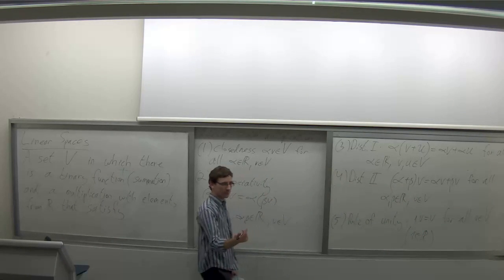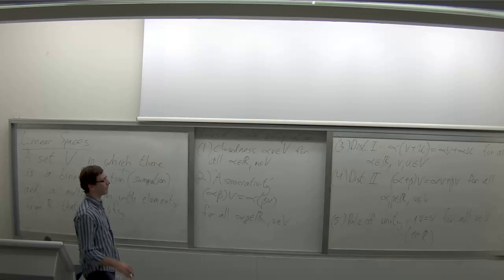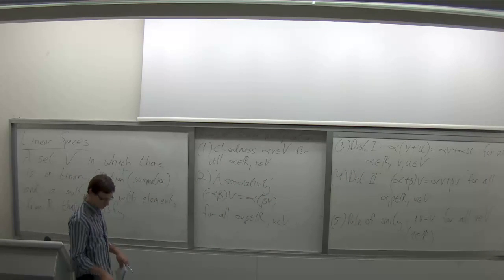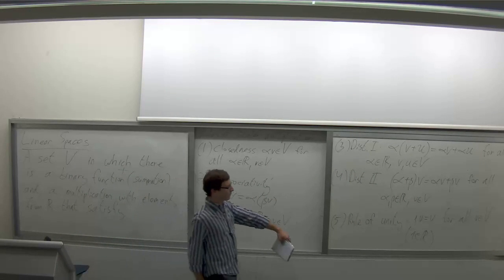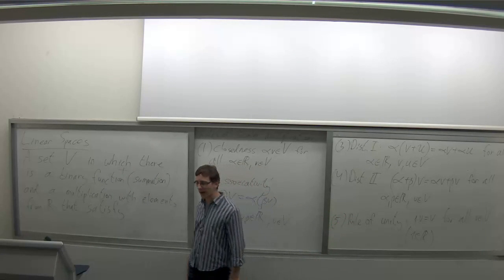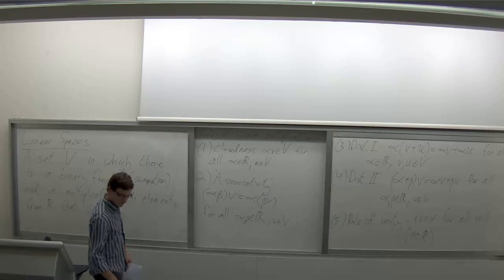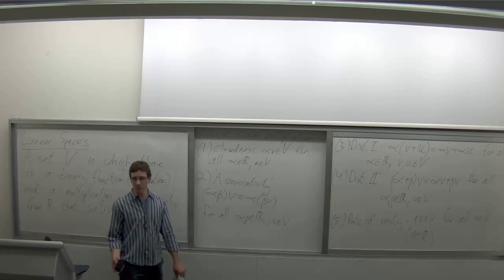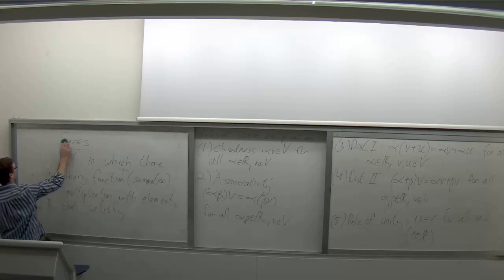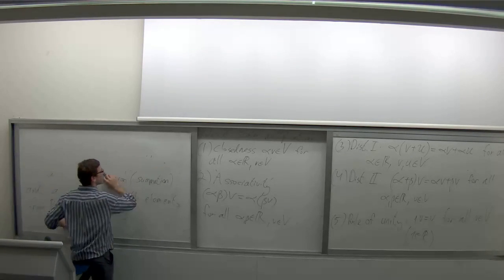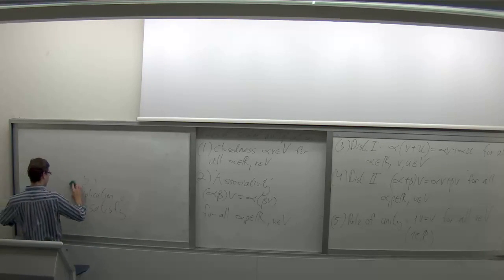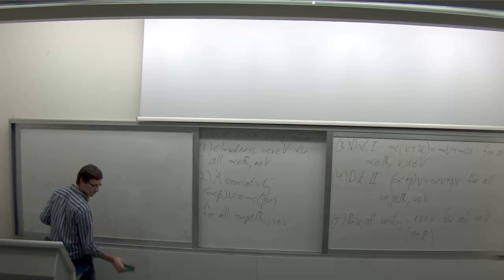There's no unit vector. Okay, so when we have a linear space, the elements of the linear space are called vectors. V is called the linear space over R. A linear space is also sometimes called a vector space. And the elements in V are called vectors.